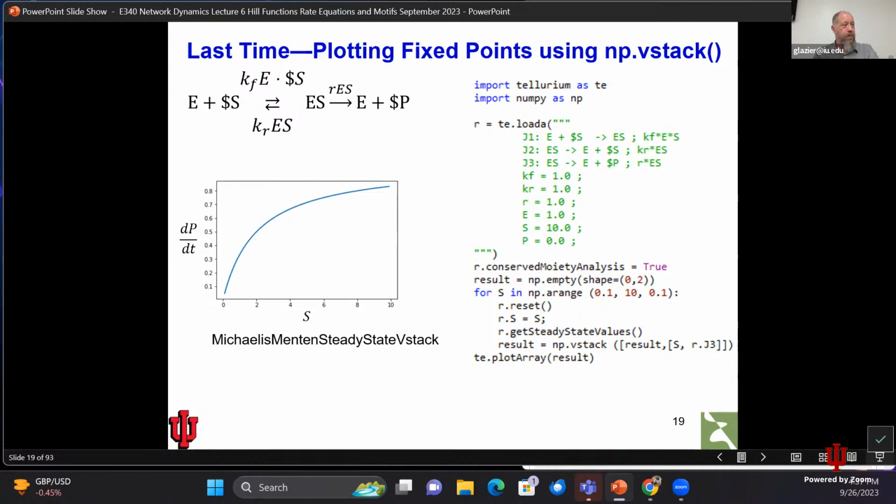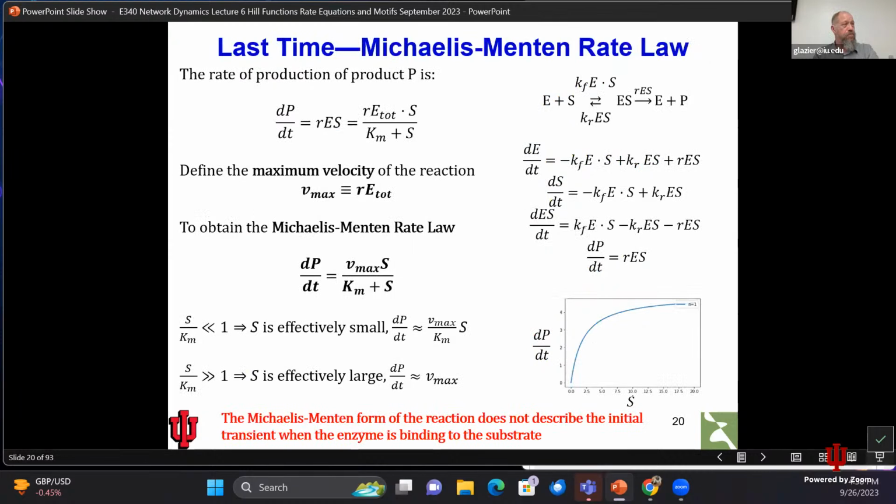And we use this to derive the Michaelis-Menten kinetics, which we then discussed a little bit mathematically.